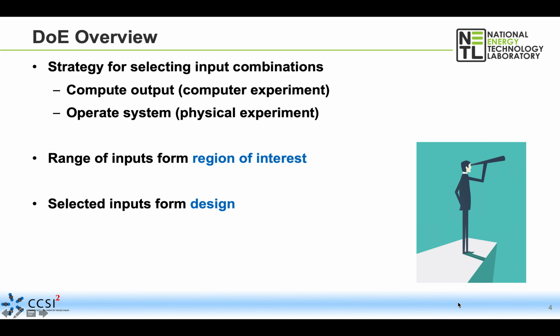In either case, the range of inputs that we're interested in exploring this process over is referred to as the region of interest. And then the particular input combinations where we're actually going to run the process and generate a response to collect and study, that makes up the design.